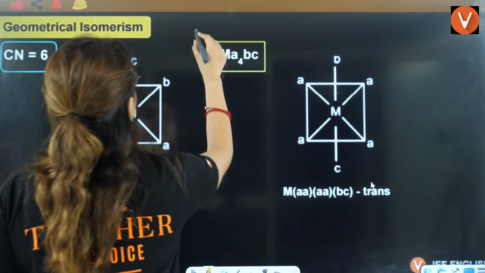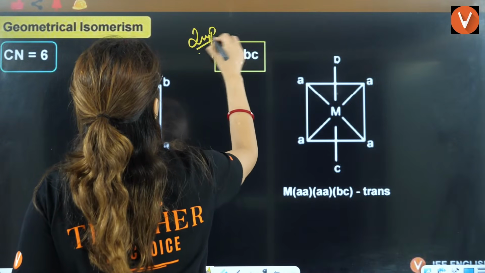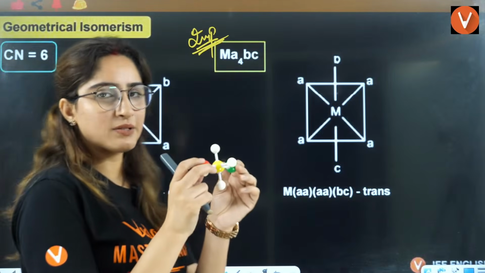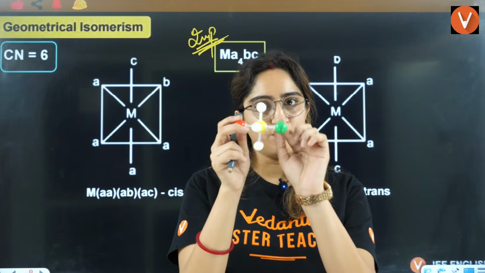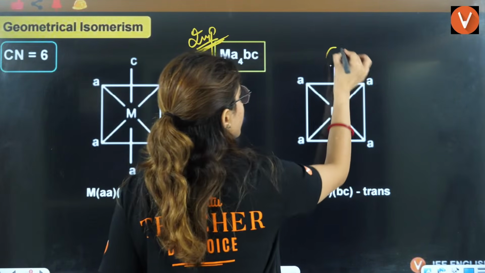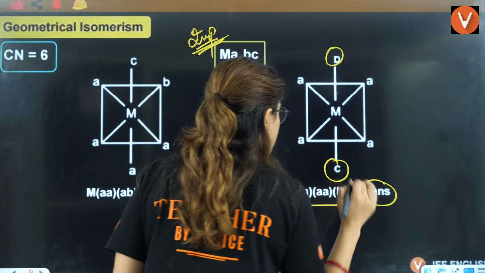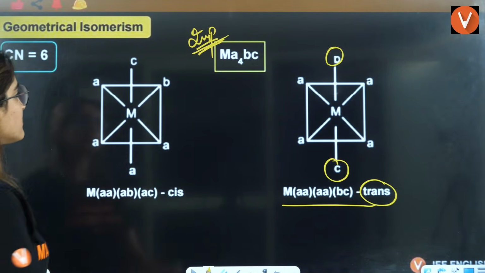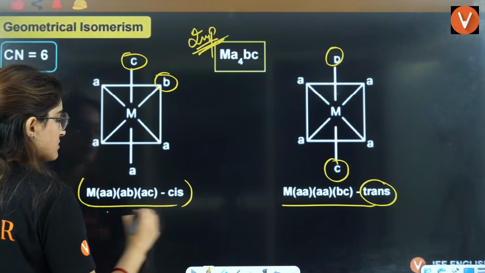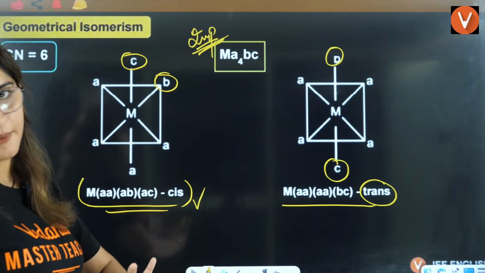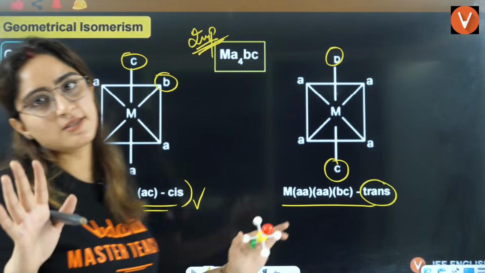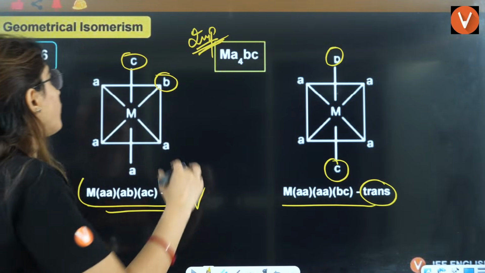Okay, I'm marking it in both. Because here what we will see is, if these B and C are opposite to each other, we'll take it as trans. If these B and C are next to each other, then we'll take it as cis. This is an exception. That's why I'm saying we are forcefully taking B and C as equal. That's why I have marked it important.